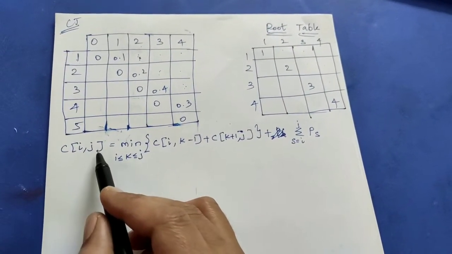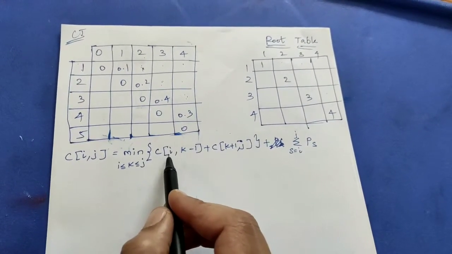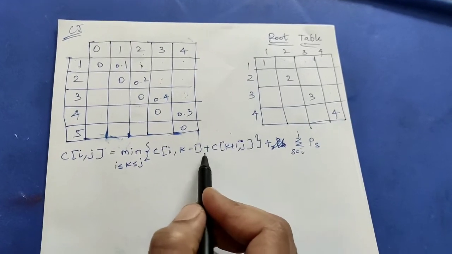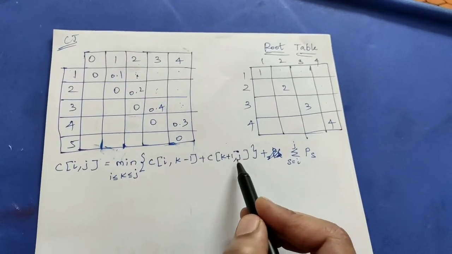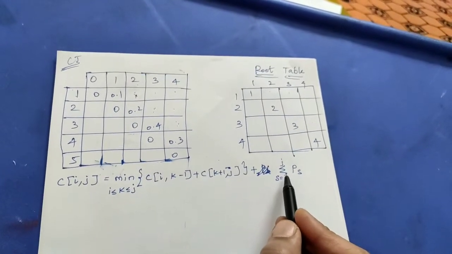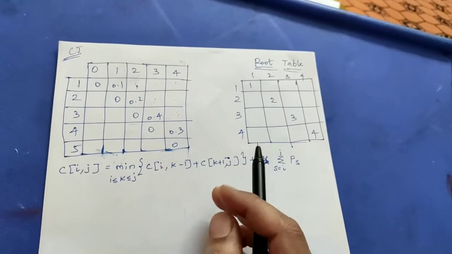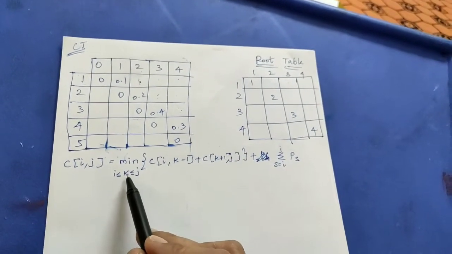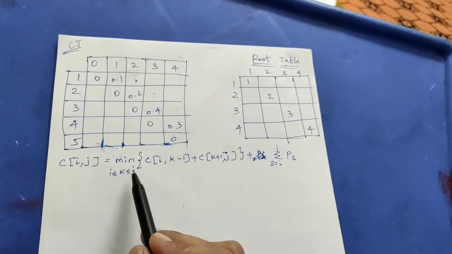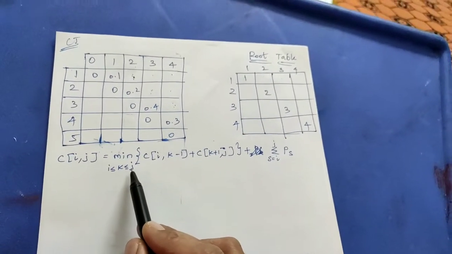Cost of i comma j should be equal to the minimum of cost of i comma k minus 1 plus cost of k plus 1 comma j plus the probabilities of all the items I am going to include. The k value starts from i and ends with j, so k ranges from i to j.